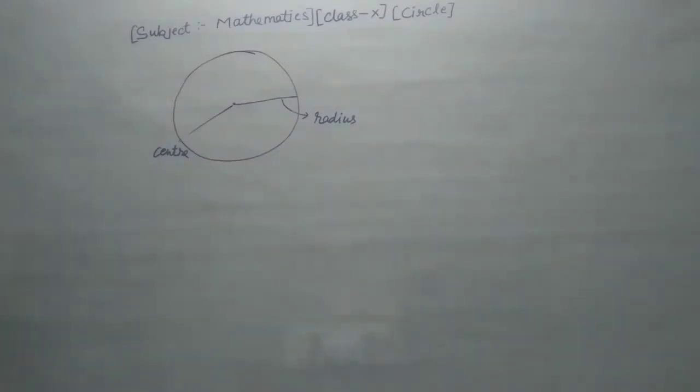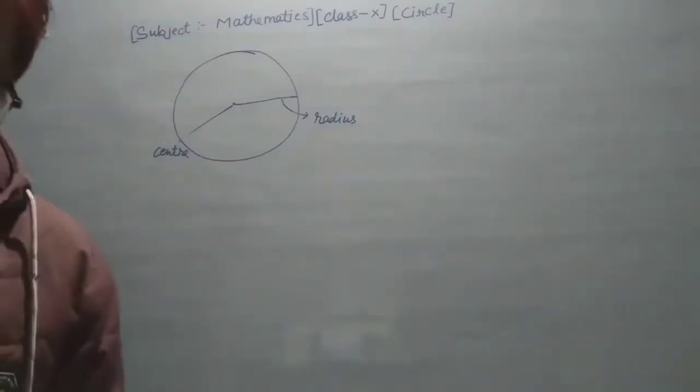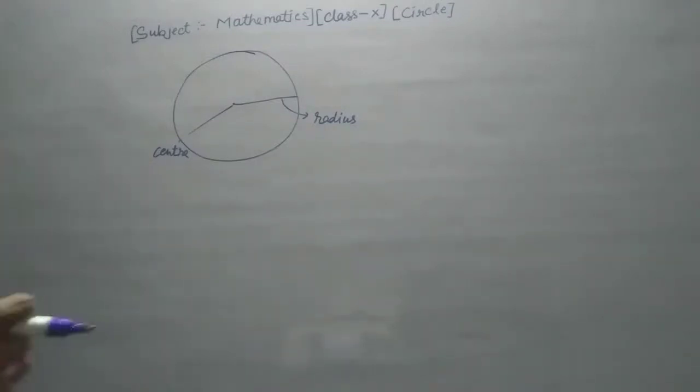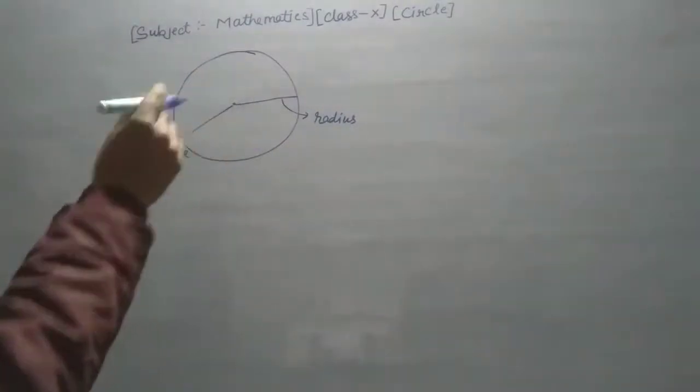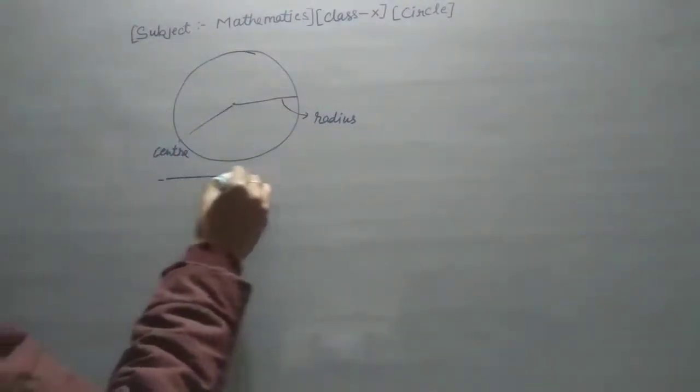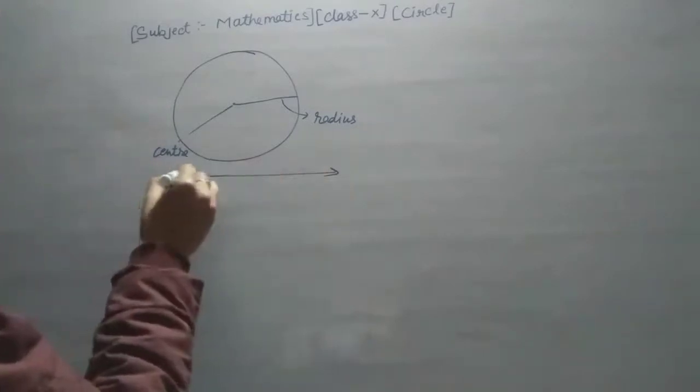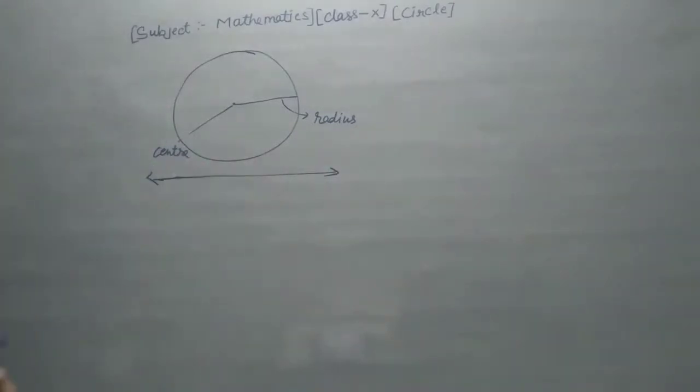Students, in this chapter we have to explain to you about the secant, tangent and the line. If this is a circle and one line passes through there, just like that, so this is a line here.